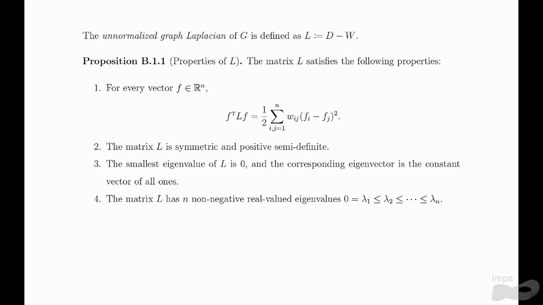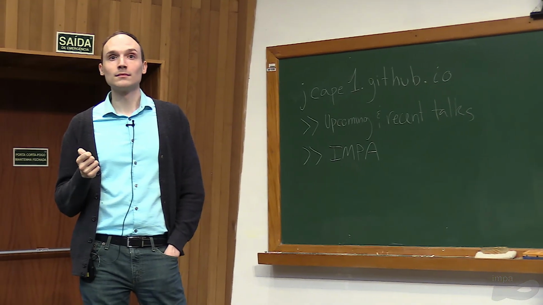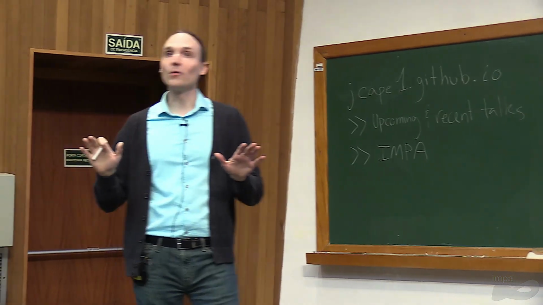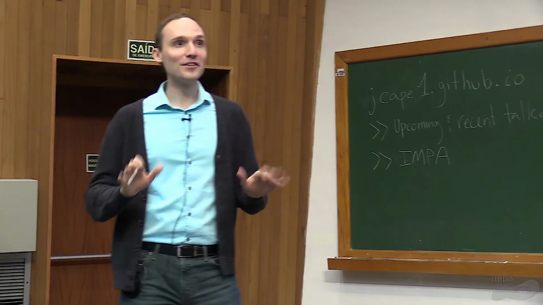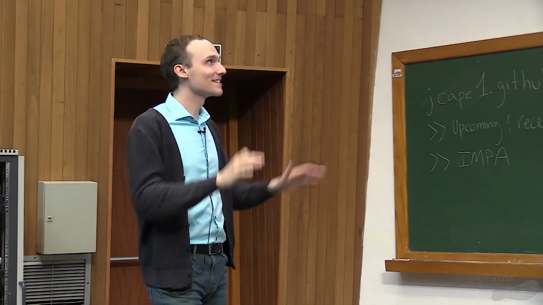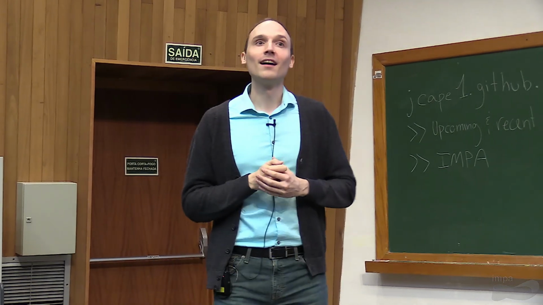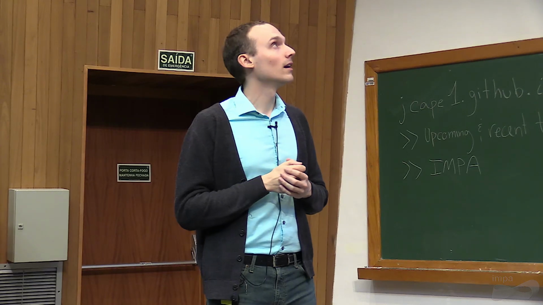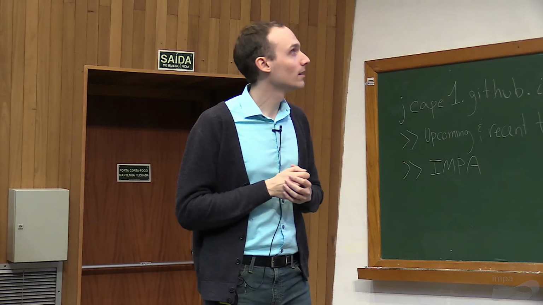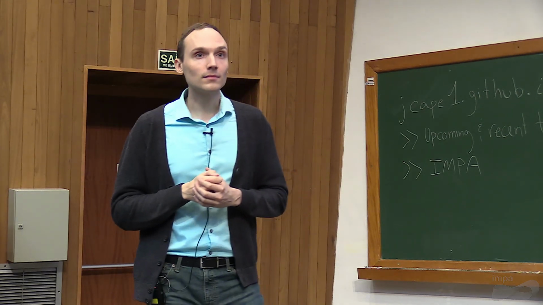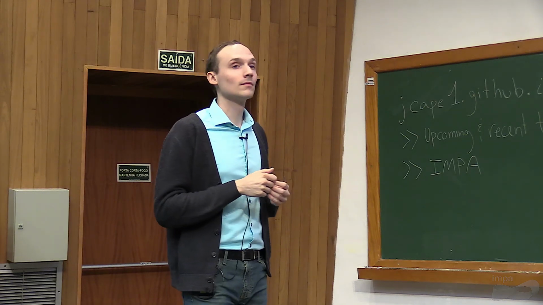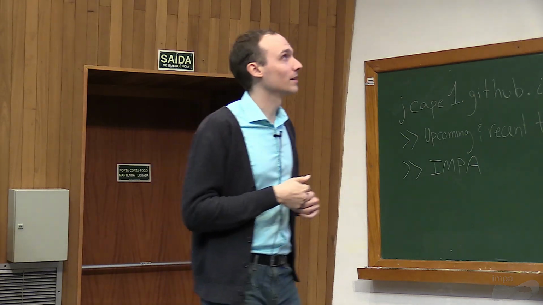Okay, great. How about 2, showing that the matrix L is symmetric and positive semi-definite? I didn't say this was difficult, by the way. So if it feels simple or easy, that's good. This is the starting point. Exactly.